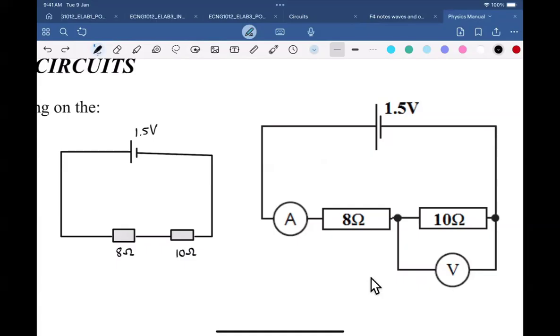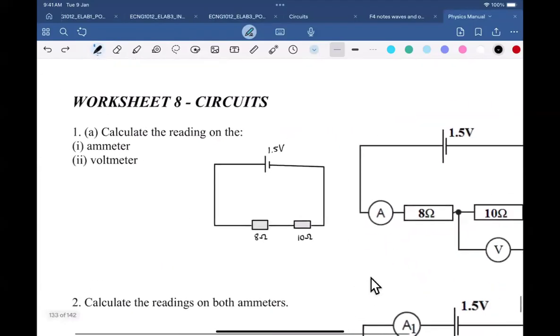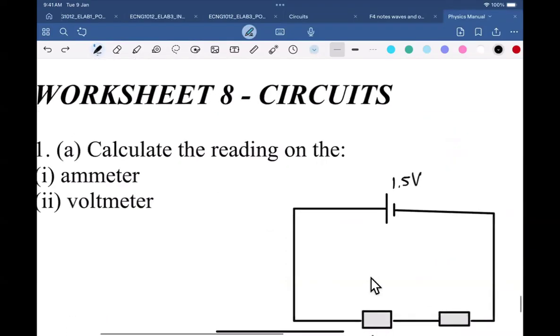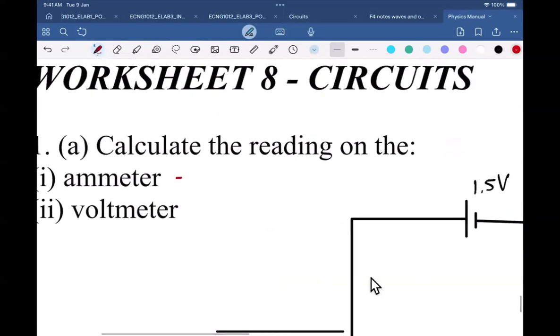So Aliyah, you want me to explain what the question is asking you now? They ask you to calculate the reading on the ammeter and the voltmeter. Just remind me, what does the ammeter measure again? It measures amps, which stands for current.